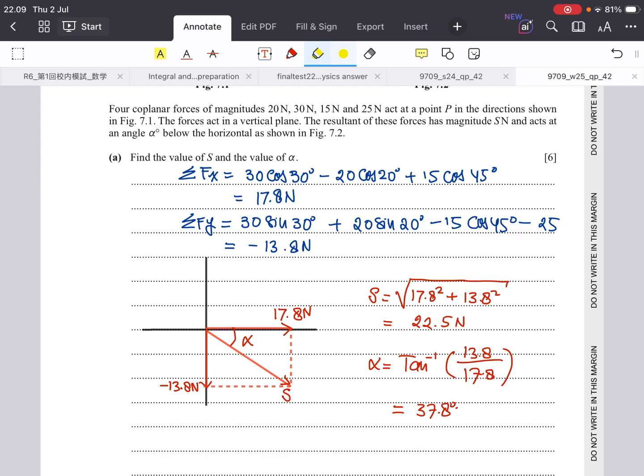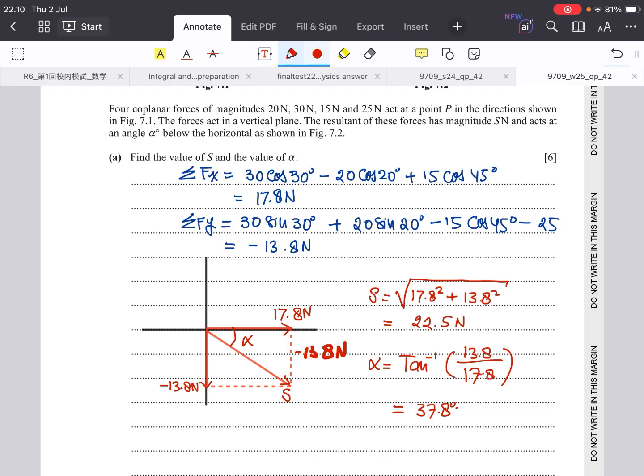And then for the direction, we need to find alpha. Alpha is tan inverse of 13.8 divided by 17.8, since this one is actually negative 13.8 Newton, downward.